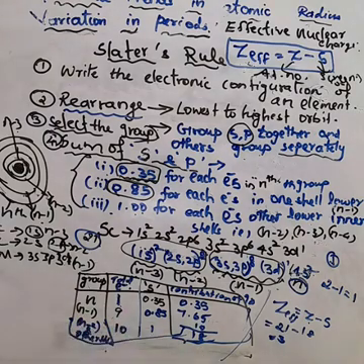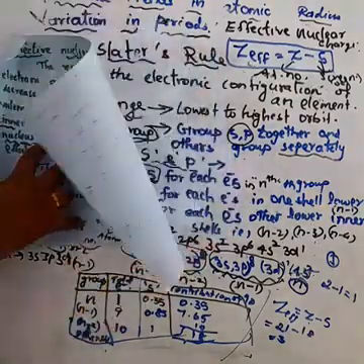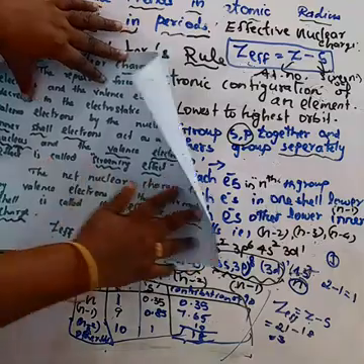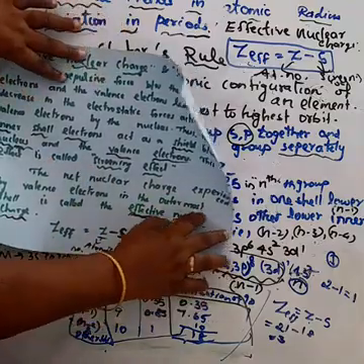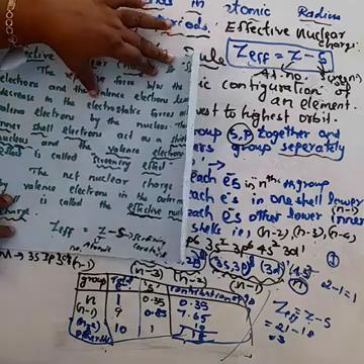That is the effective nuclear charge experienced by the last nth orbit, 3. Understood? What do you mean by effective nuclear charge? The net nuclear charge experienced by the valence electron in the outermost shell, that is called effective nuclear charge.